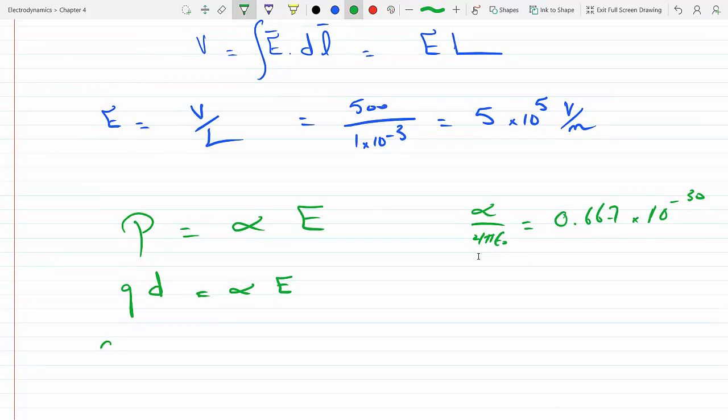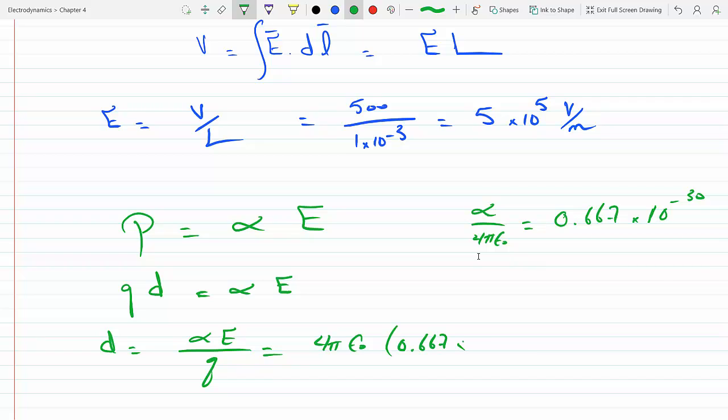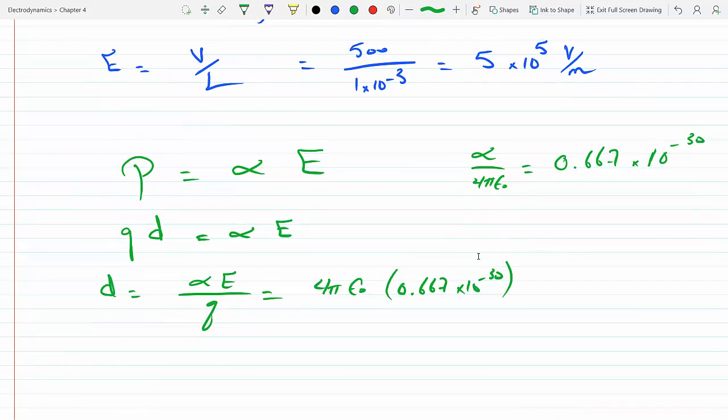Now I can solve for d to be alpha E over Q, and we said alpha is 4 pi epsilon times 0.667 times 10 to the minus 30, divided by Q.